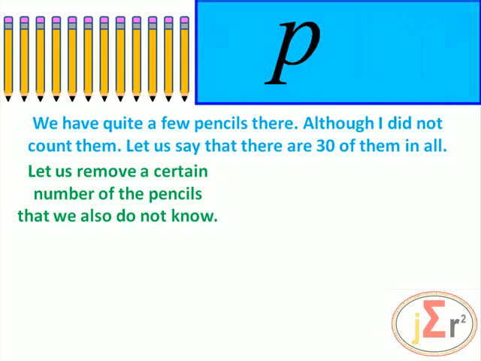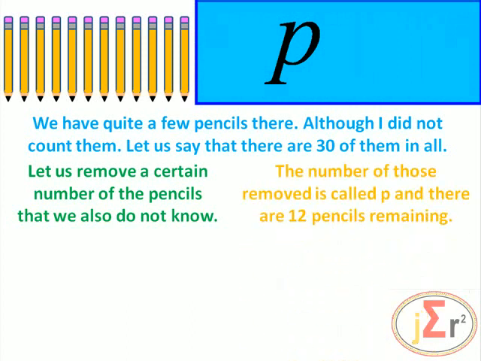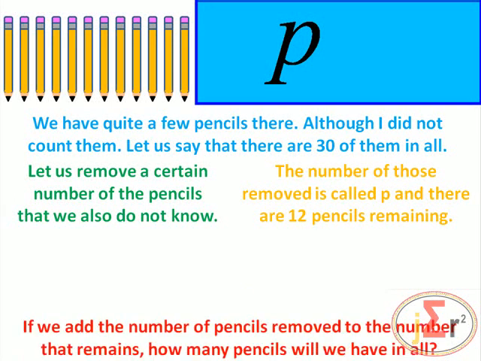Let us remove a certain number of the pencils that we also do not know. So let us remove P pencils. The number of those pencils removed is called P. There are 12 pencils remaining.